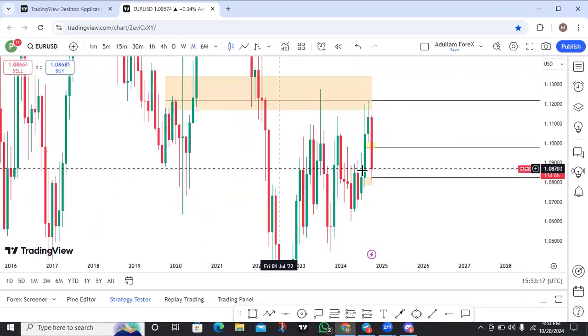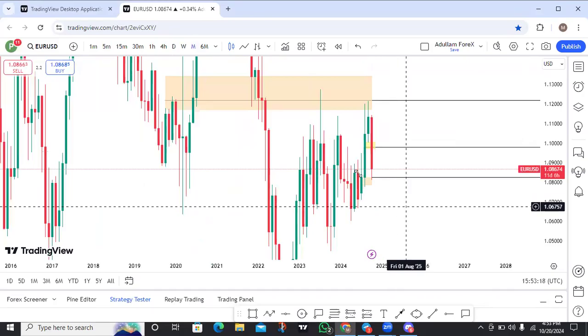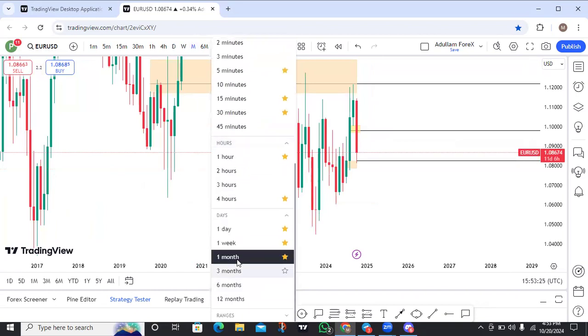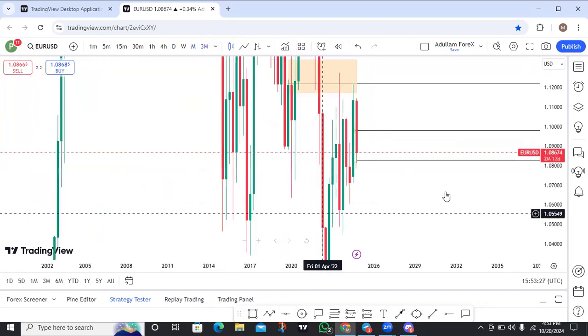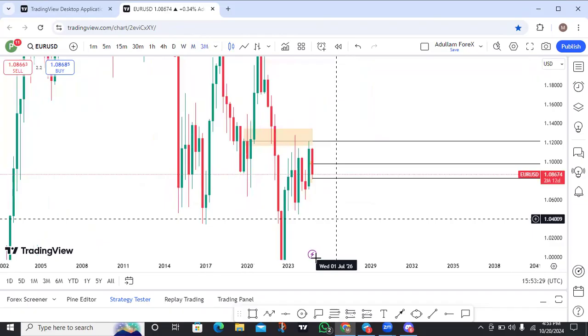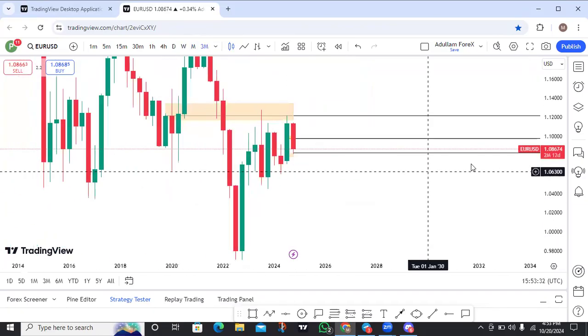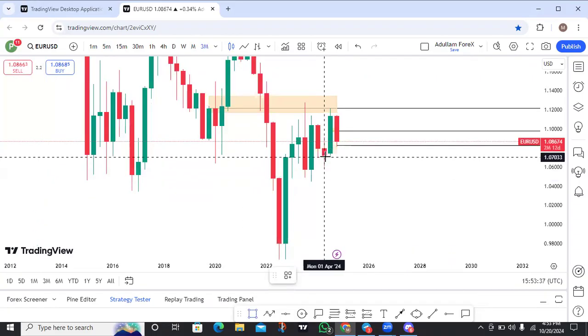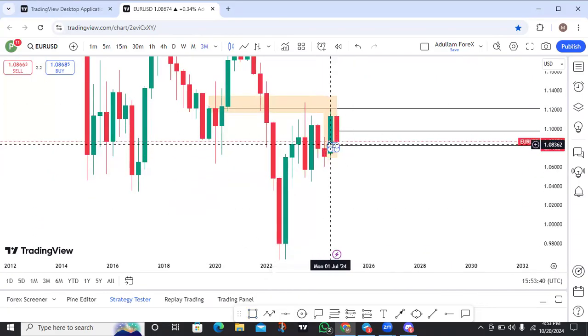So on the monthly time frame, what can we see? We see the market is rejecting from this level, and if we go to the 6 months, 3 months time frame, you see that this is a bullish engulfing. This is the 3 month time frame. You see that this was a bullish engulfing. That is why I said top-down analysis is the only analysis you need to know. Look at the bullish engulfing here.